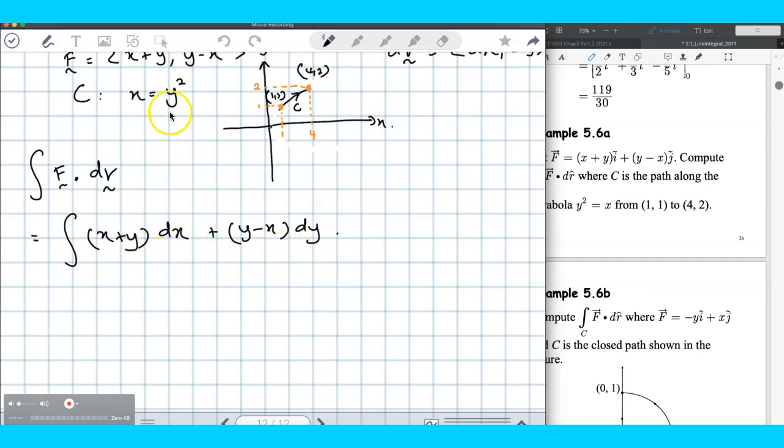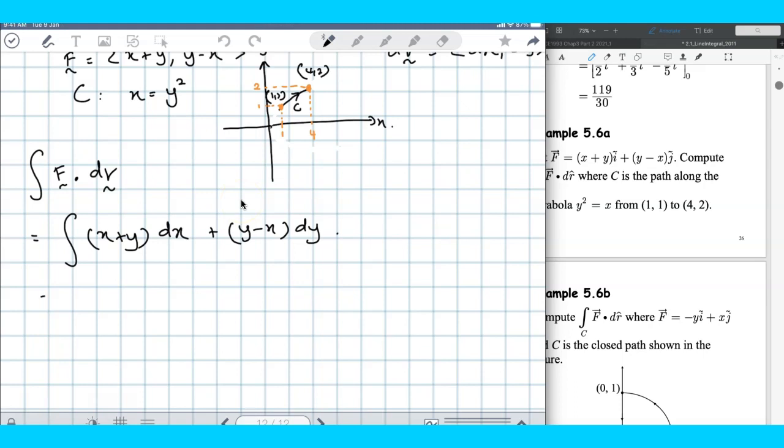So it looks like it's easier if you replace the x by the y, because when you see the x, you have the y squared immediately, right? Meaning that rather than if you replace the y, you have to deal with the plus minus square root. So it's more tedious. So now we have to convert everything in terms of y.